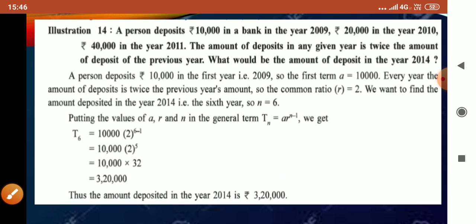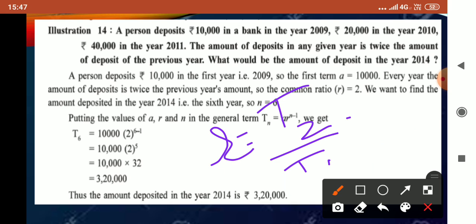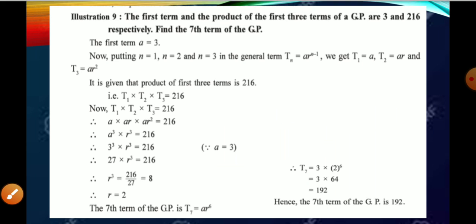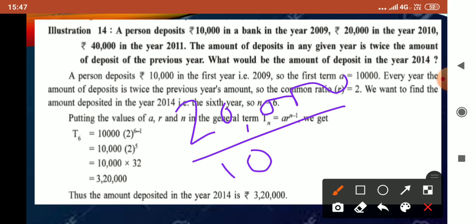Then next year he deposited 20,000. After that he deposited 40,000. So my R will be T2 upon T1, which is equal to 20,000 divided by 10,000, which is equal to 2.